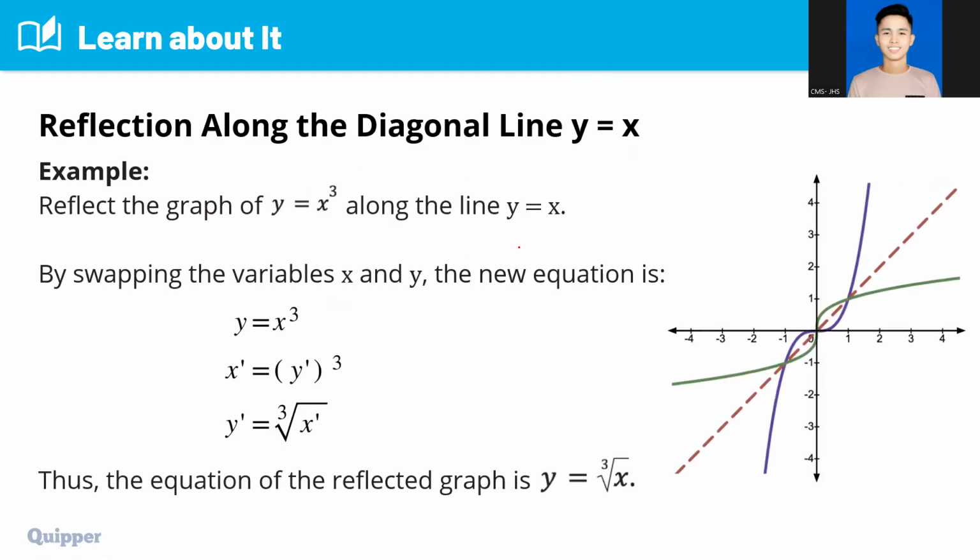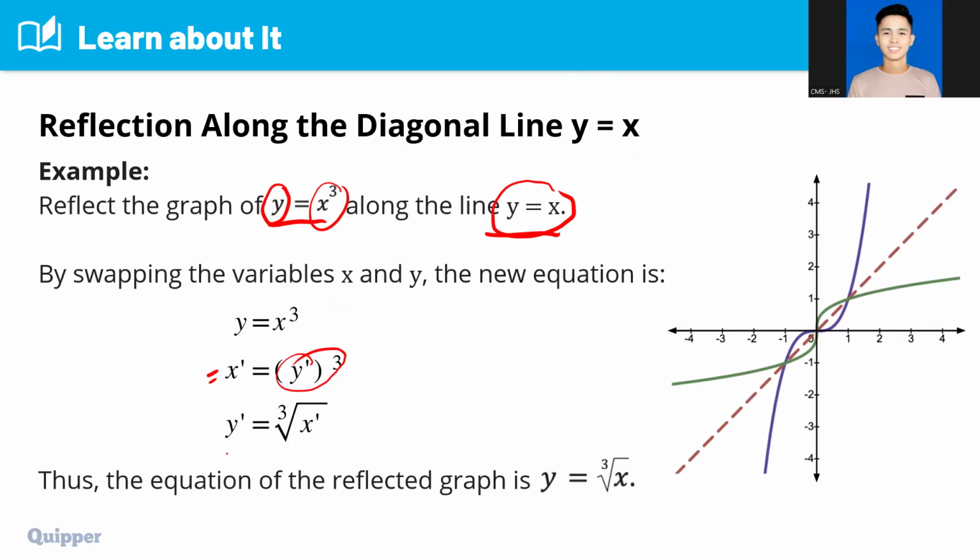Example, reflect the graph of y equals x cubed along line y equals x. If it's along y equals x, we just need to switch or interchange the positions of x and y. So very simple. You make it y, x, so you have x here, and then x cubed becomes y cubed.